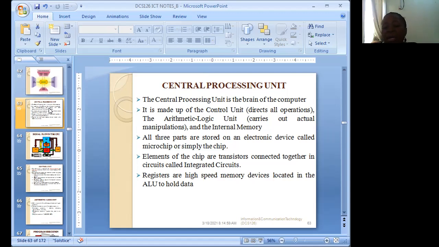Now the control unit is the unit that directs every operation of the CPU, while the ALU, the arithmetic logic unit, is the unit that carries out all the manipulations, whether they are arithmetic or logical manipulations. And then the internal memory is there to temporarily hold data and instructions while the CPU is working. Now, all three parts are stored on an electronic device called a microchip, or simply called the chip.